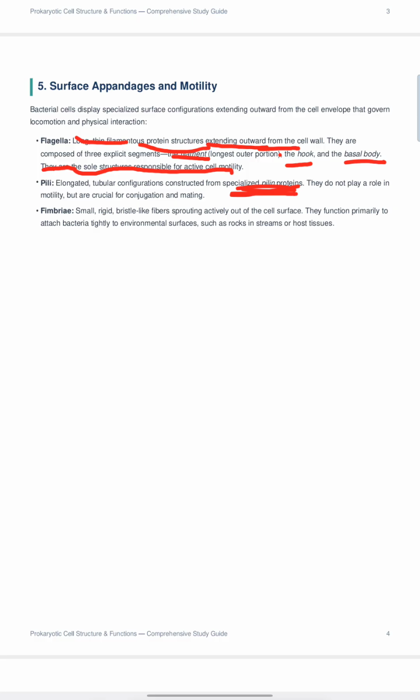That is fimbriae. Fimbriae are small, rigid, bristle-like fibers sprouting out of the cell surface, primarily to attach the bacteria tightly to environmental surfaces such as rocks in streams.